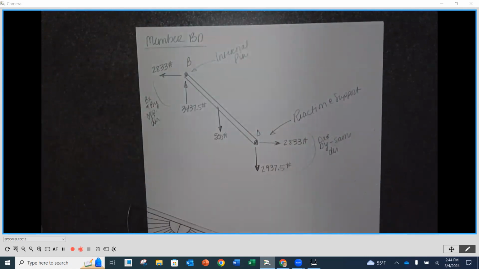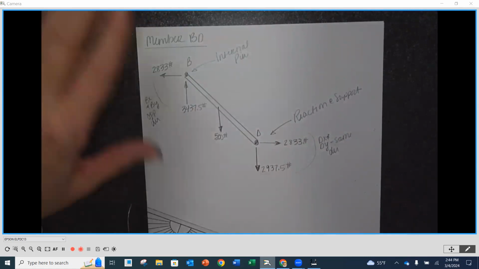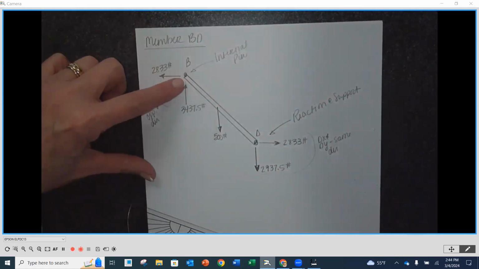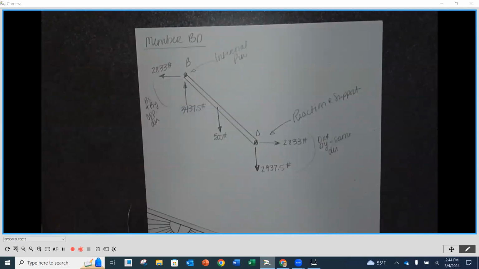Because it's a reaction at the support, it's like an applied load. It does not change direction. So we keep those in the same orientation that we calculated with the full free body diagram together. Applied loads remain the same. It's just internal pins that change direction from one member to the other, same magnitude, just opposite direction.